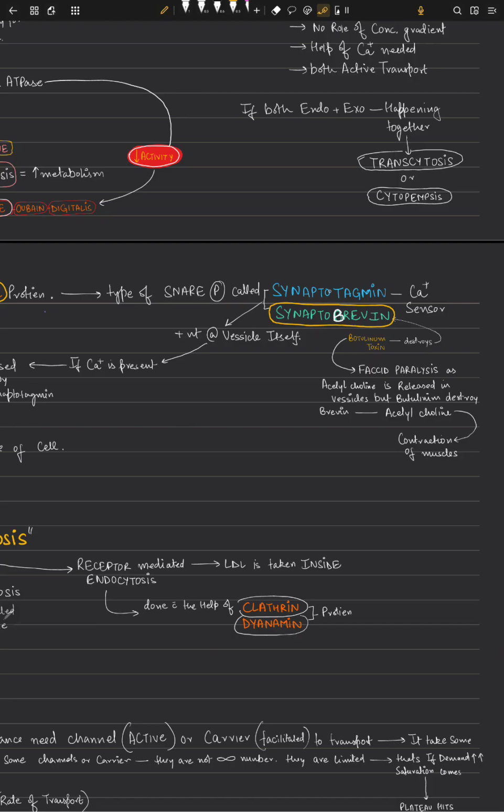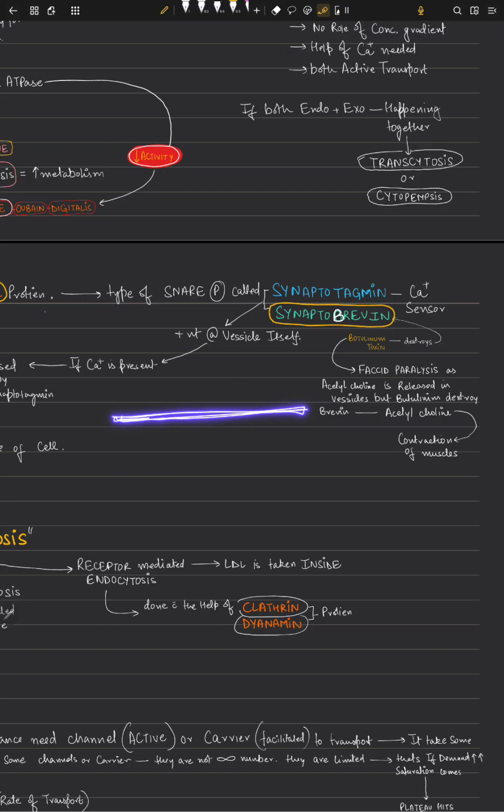Okay. So this synaptotagmin senses calcium. Again, I told you calcium is needed for signaling. Okay. So once it senses calcium, what happens is that the vesicle is present at. Okay, so again I was wrong. Okay, I forgot.